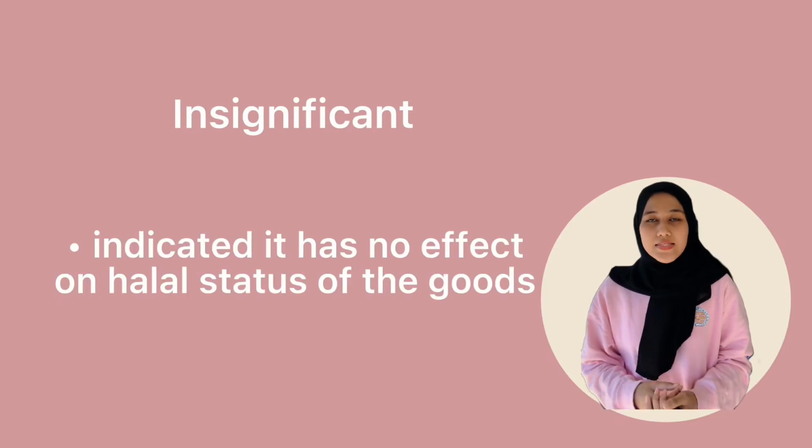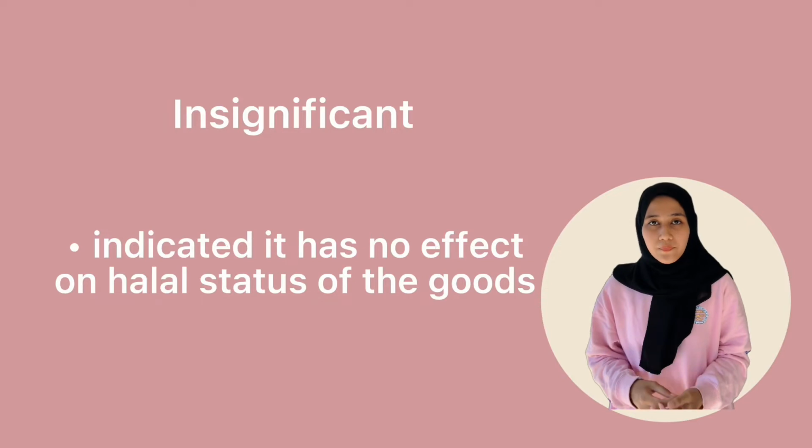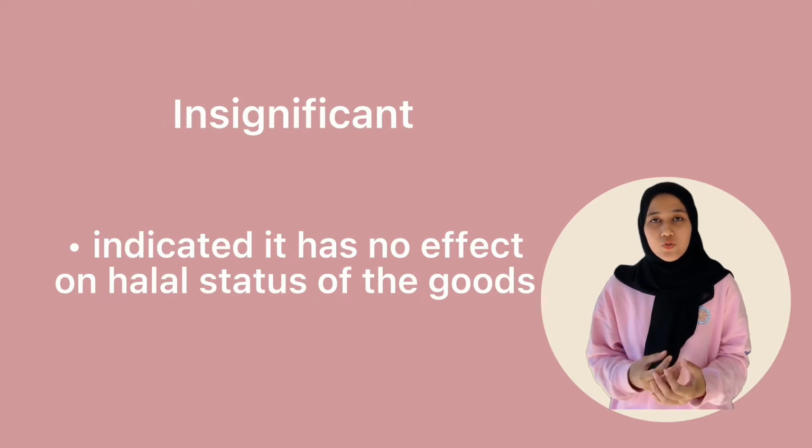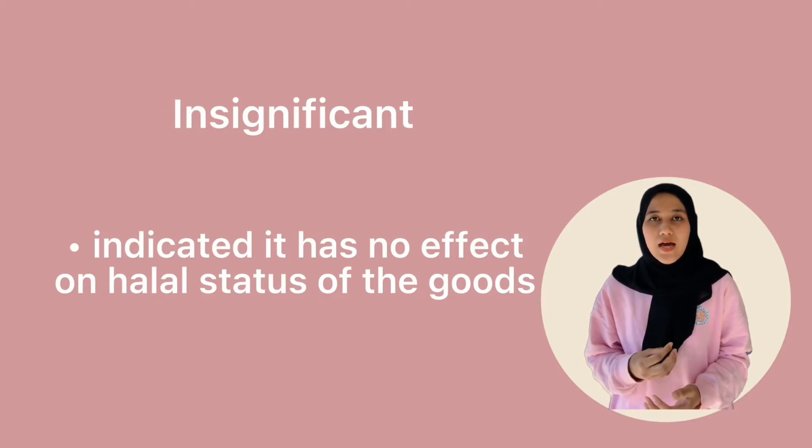While insignificant indicates that it has no effect on the halal status of the goods. We can determine the risk ranking through the evaluation of likelihood and severity, which will then determine the halal control point for each process step.